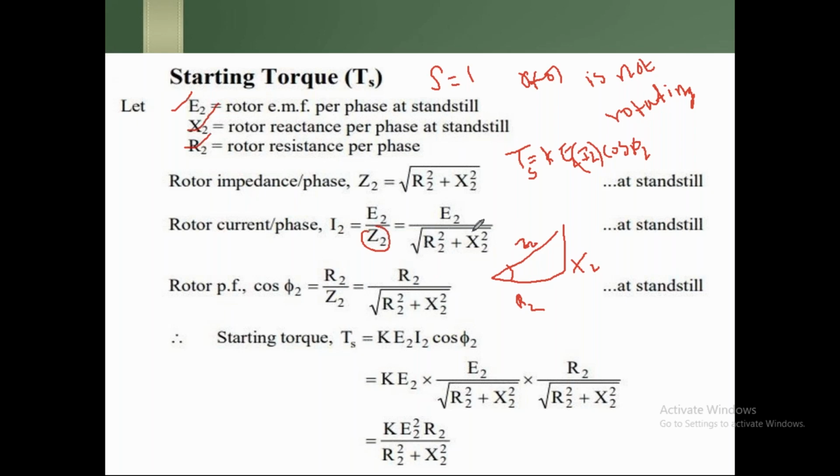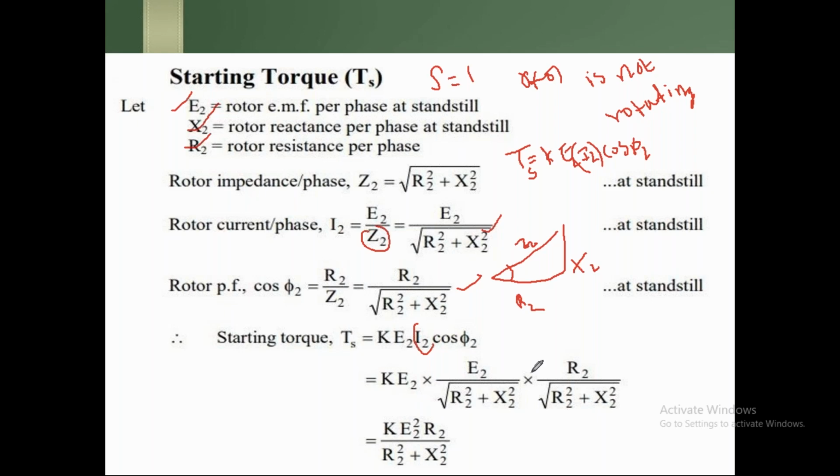Now these two parameters, that is I2 and cos phi 2, we have to substitute in the torque equation. So Ts is equal to K into E2 into, in the place of I2 I am going to substitute E2 divided by square root of R2 square plus X2 square, into R2 divided by square root of R2 square plus X2 square.